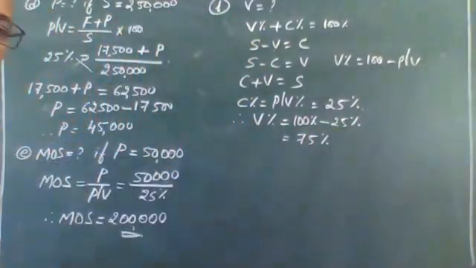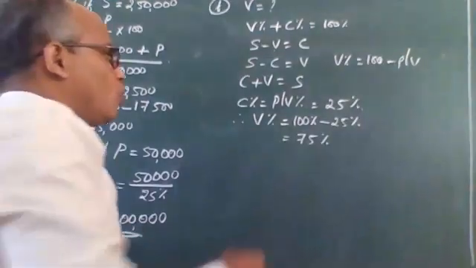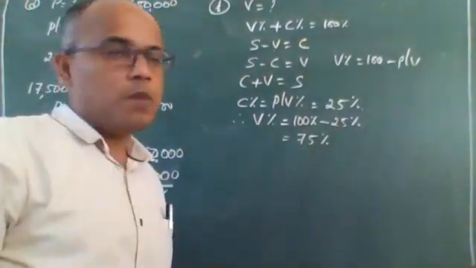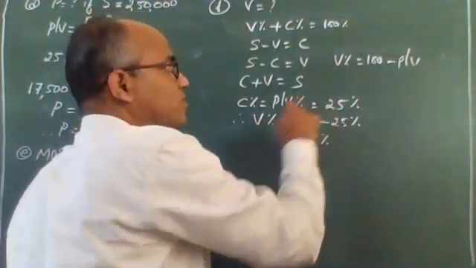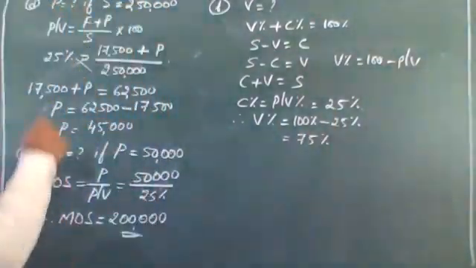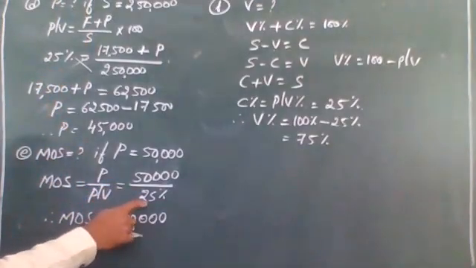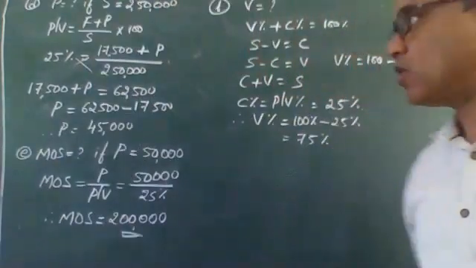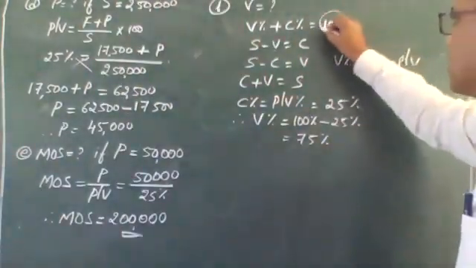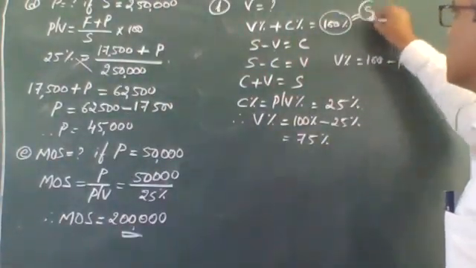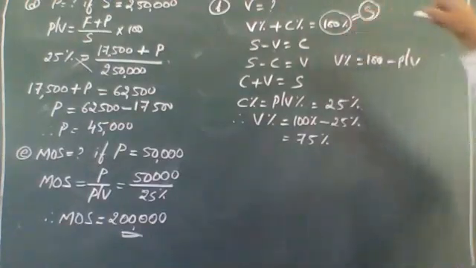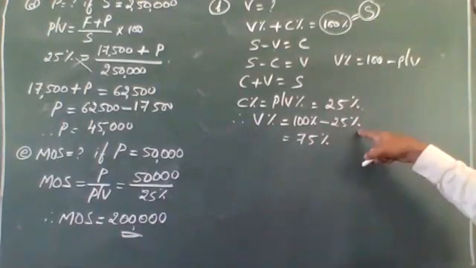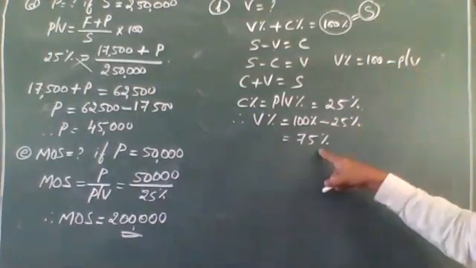What am I trying to do? I'm trying to say that the variable cost is nothing but 75% of sales, because your contribution is 25% of sales. If contribution is 25%, variable cost is 75%, because the percent here means 100. So if sales is 100, variable cost is 75. So 100 minus 75 gives you 25, or 100 minus 25 gives you 75.